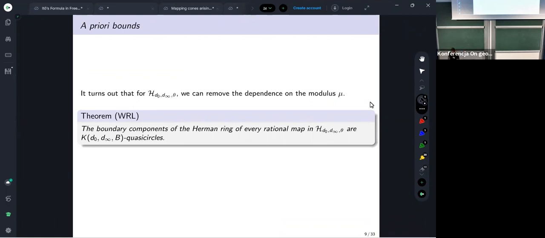This is the main theorem, which tells us that the boundary components of the Herman rings of rational maps in this class, in this curly H, are quasicircles. And not only that, the most important thing is that the dilatation depends only on the degrees d0 and d infinity, and also the bound b on the rotation number. It does not depend on the modulus.